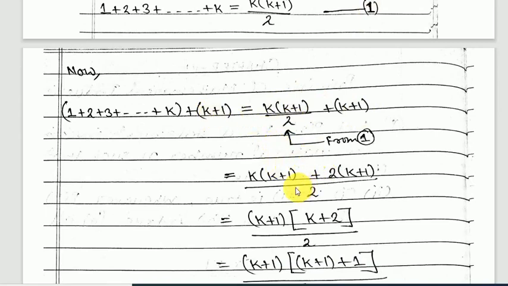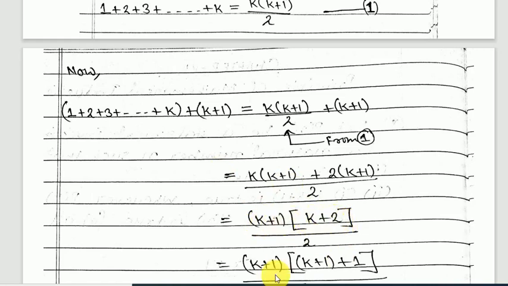Now simplify it. Taking the LCM, we got k into k plus 1 plus 2 times k plus 1, upon 2. In both the terms in the numerator you have k plus 1 common, so take it out. So you get k plus 1, in bracket, k plus 2.